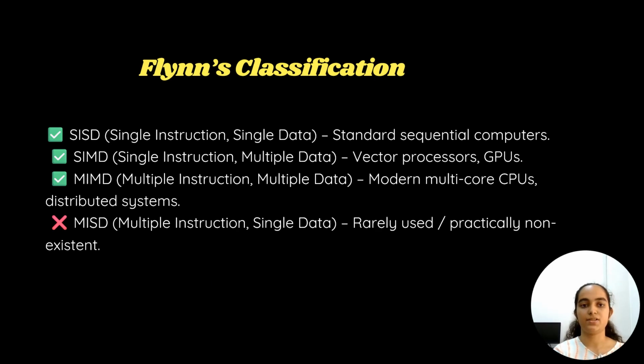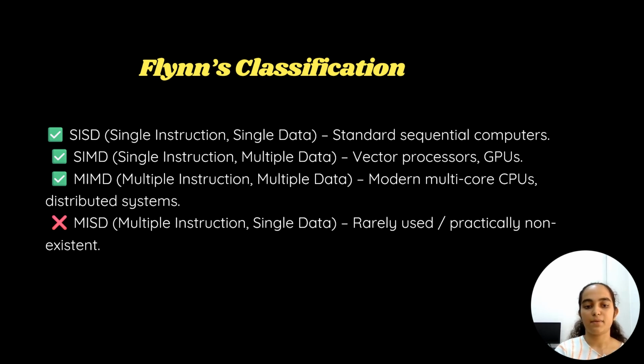Flynn's classification. Flynn's classification is a way to categorize computer architecture. SISD, single instruction, single data: standard sequential computers. Next, SIMD, single instruction, multiple data: vector processors, GPUs.